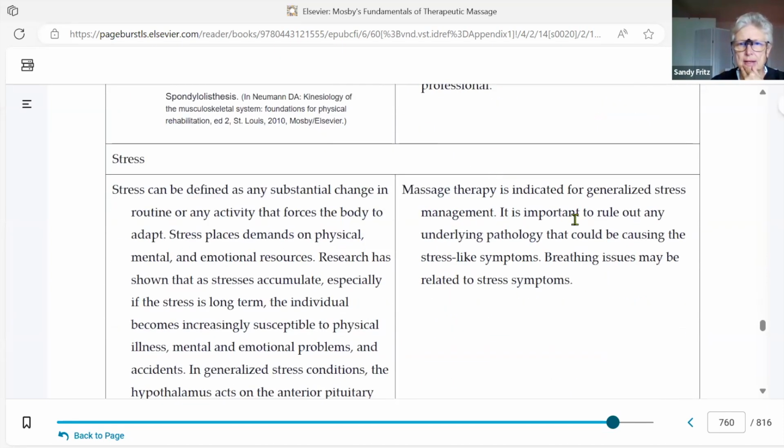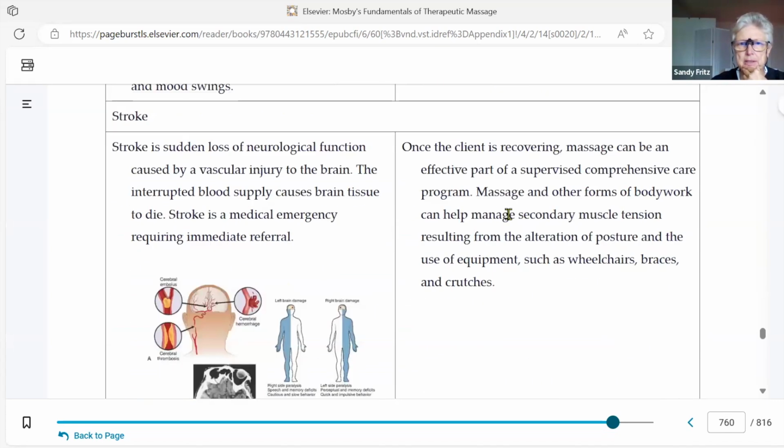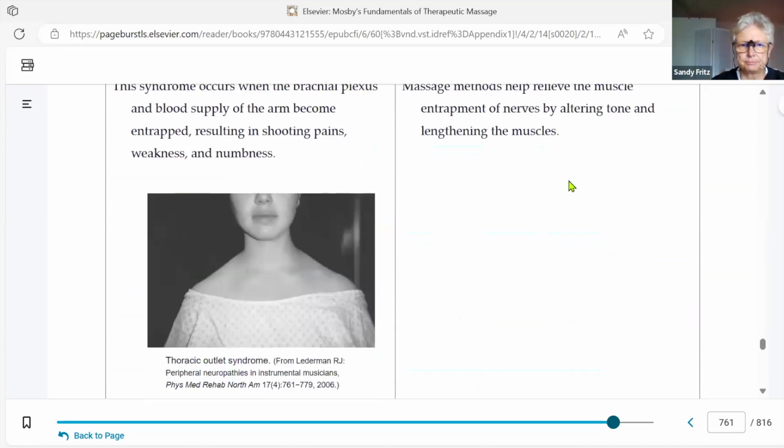This is based on entry level. So somebody who is more experienced might work a little bit more focused than you would at entry level, but the MBLEX exam tests entry level.